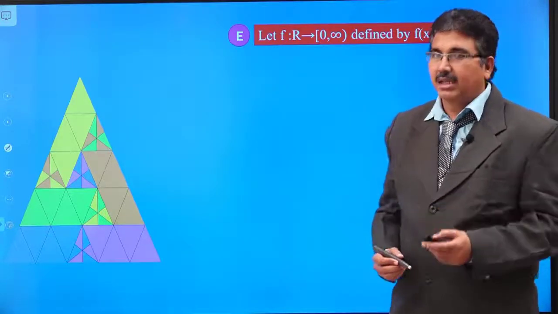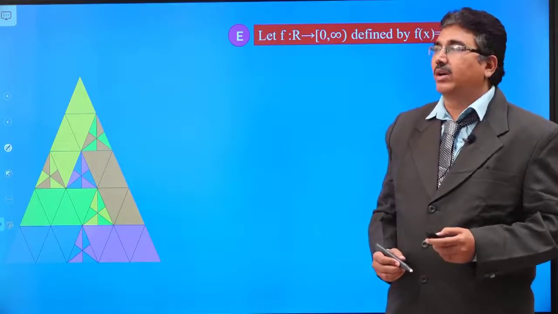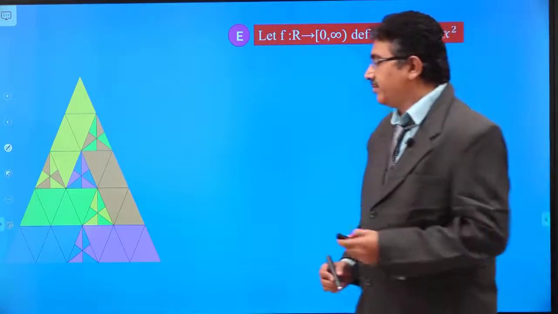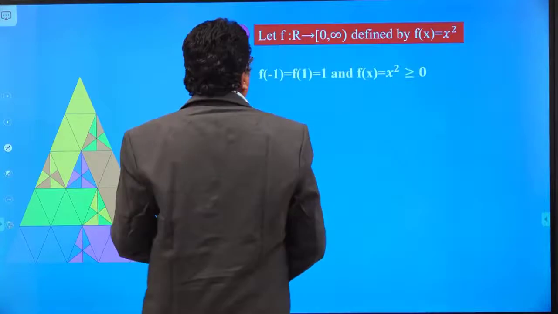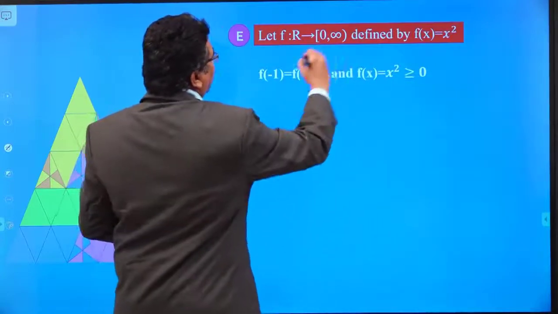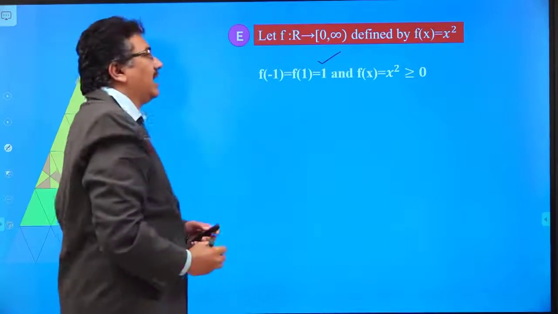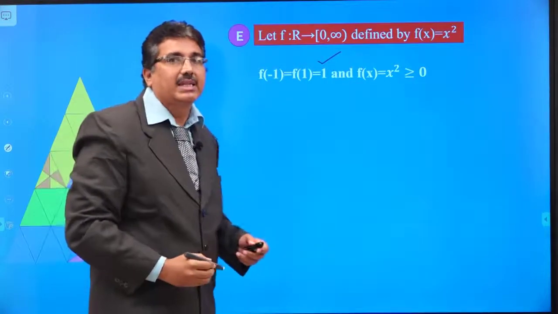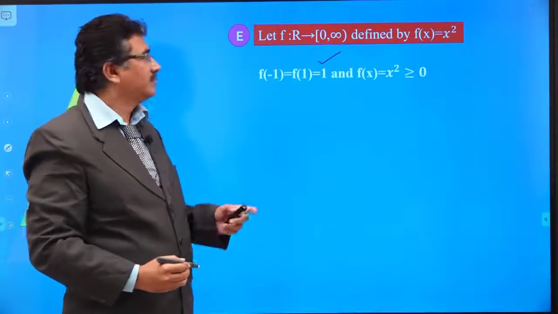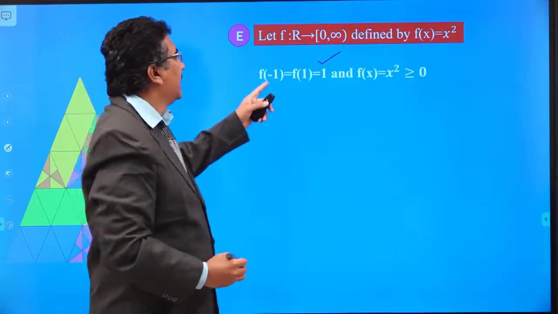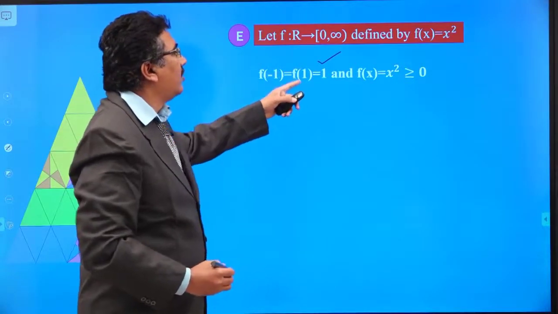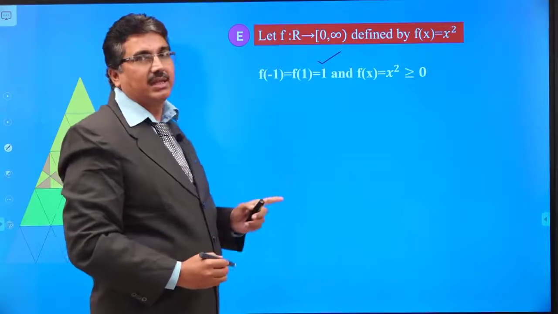For that, f of minus 1 is equal to f of 1 that is equal to 1, since the function is an even function, and f of x is a non-negative function. From this, distinct elements have the same image.